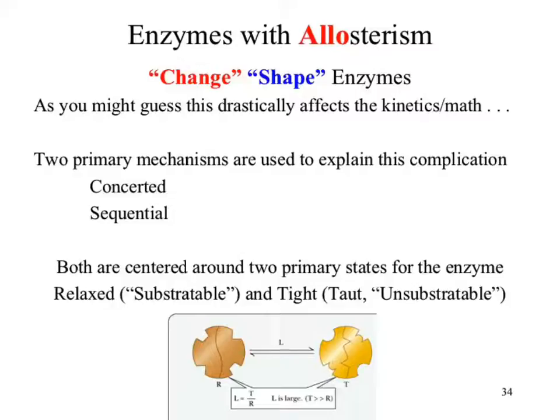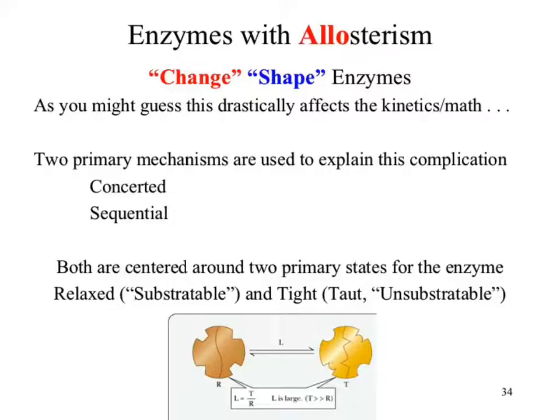What if the enzyme is now activated so that it can bind substrate? Well, it's now not tight or taut. And what's the opposite of tight and taut? Loose. Relaxed. We have the relaxed form, and in the relaxed form, I can bind substrate.